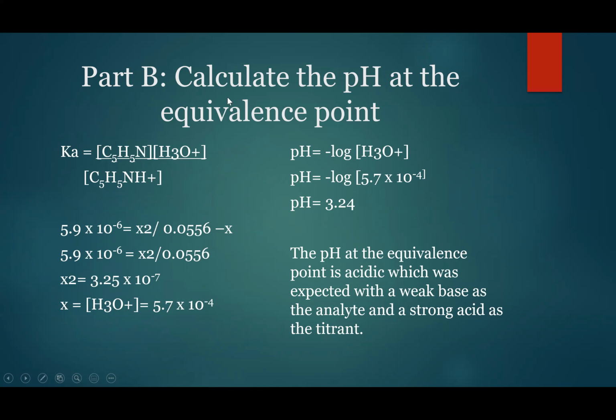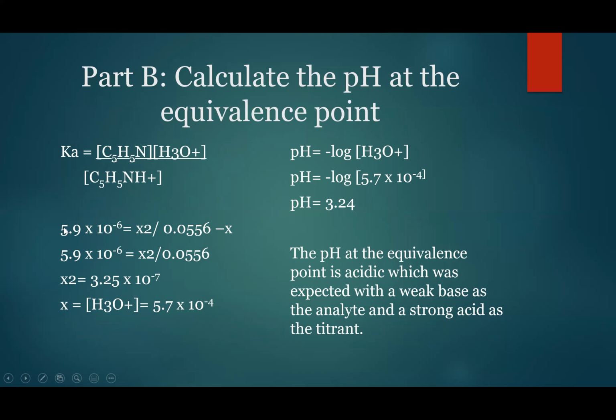We're looking for the pH. So the equation that we're going to use to find X, which also equals the concentration of acid, is Ka equals the concentration of pyridine times the concentration of acid divided by the concentration of the conjugate acid, C5H5NH plus.